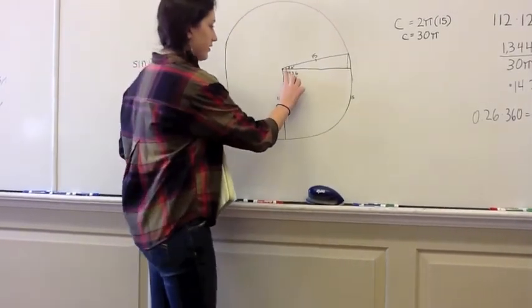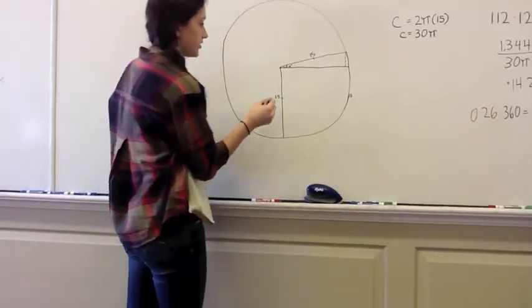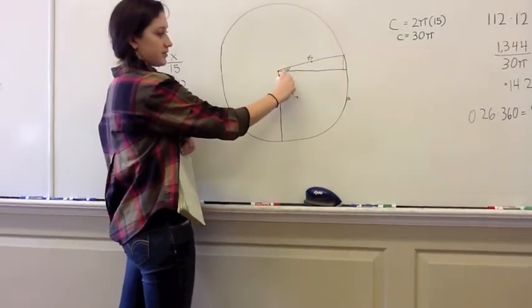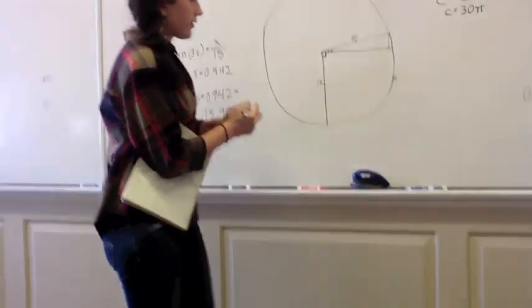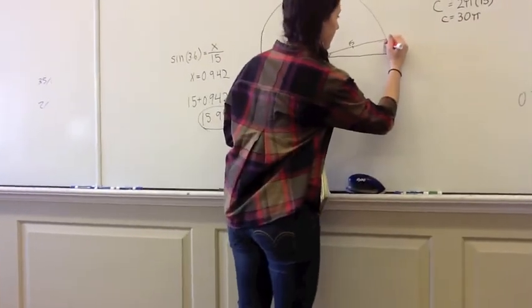Knowing that this quadrant right here is 90 degrees, we know that this angle right here is 3.6 degrees. We're then going to calculate this distance right here.